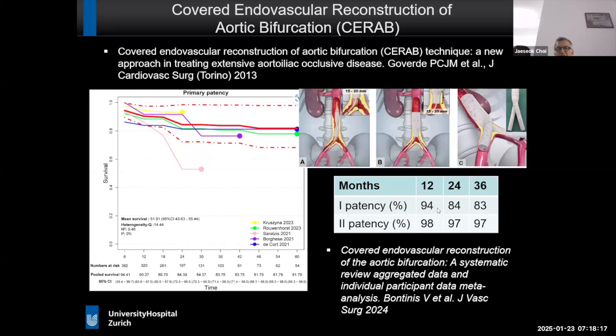However, over time, it decreases a bit. You see, after 2 years, it's 84%. However, secondary patency is achievable almost 100% by repeated intervention. That means that these people will have to be followed up about once or twice per year to keep those good long-term results.